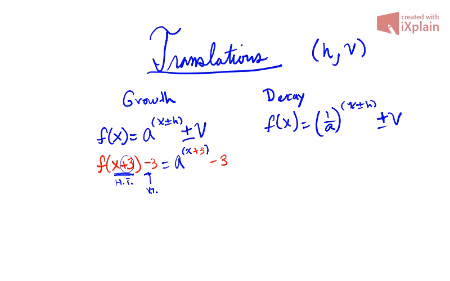The horizontal translation is implied by moving left negative 3 units. The vertical translation is implied by moving down 3 units negatively.